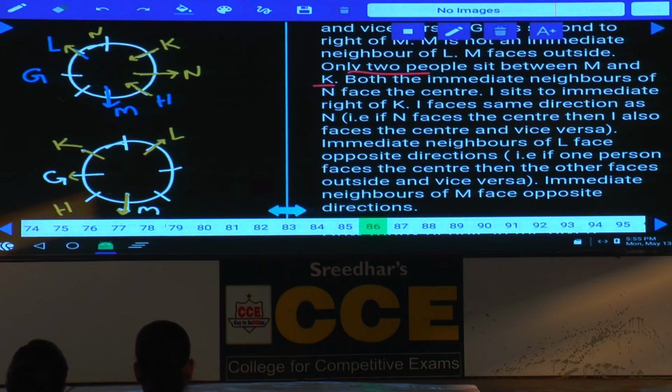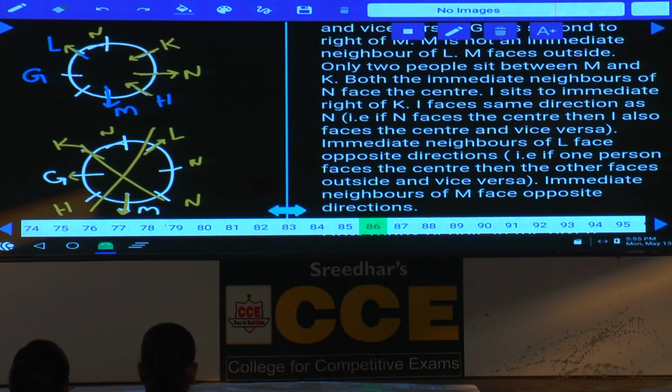And again coming back to the second possibility, N cannot be at this place, because L is facing away. Then tell me whether N can be here or not. If N is here, N cannot be here as well. Hence, there is no possibility left for this N. Now we are left with only the first possibility.